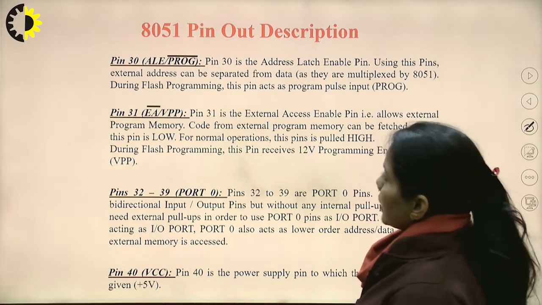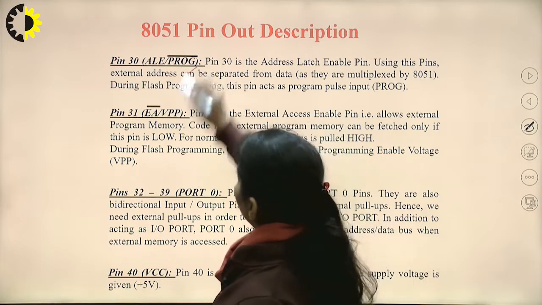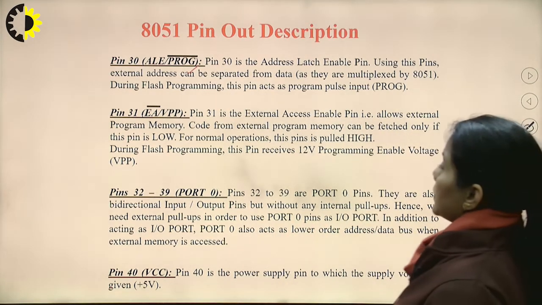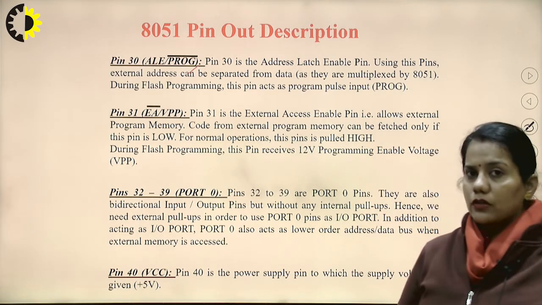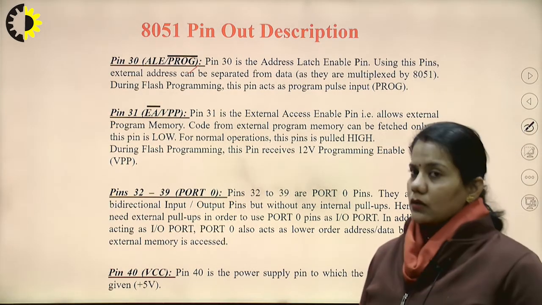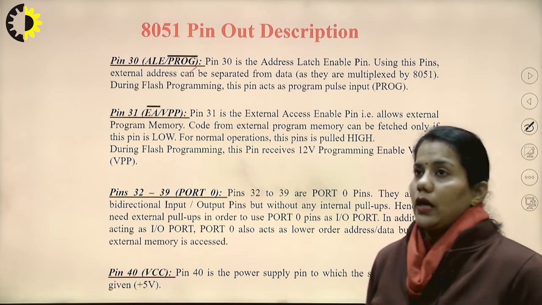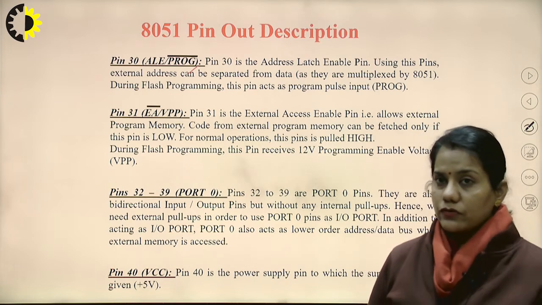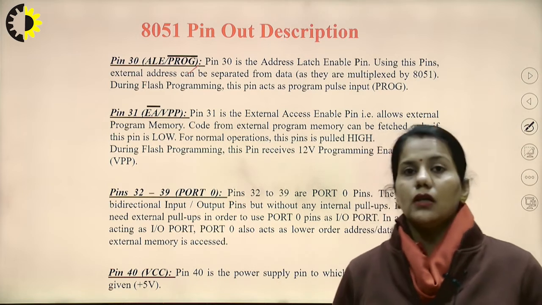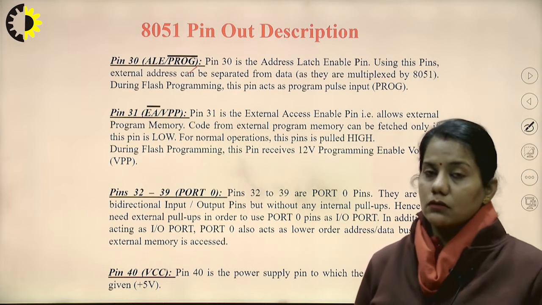Now the next pin is ALE, that is the address latch enable. Pin number 30 is the address latch enable pin. Using this pin, the external address can be separated from the data bus. As we all know, the lower order address bus is multiplexed with the data bus, and during the initial cycle of the machine cycle, the address is latched using this ALE signal.